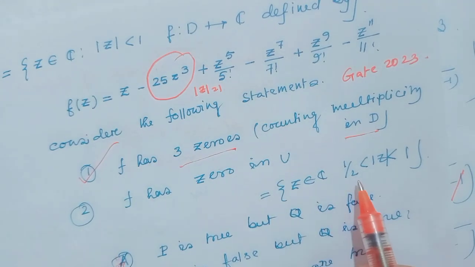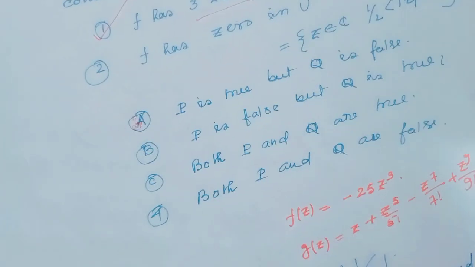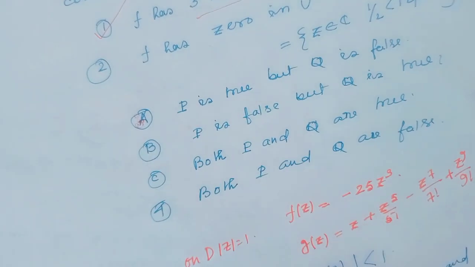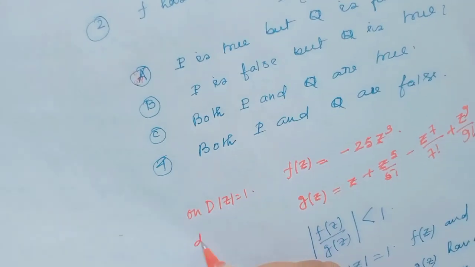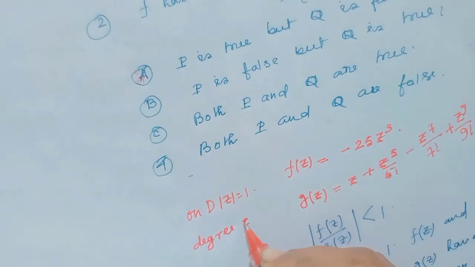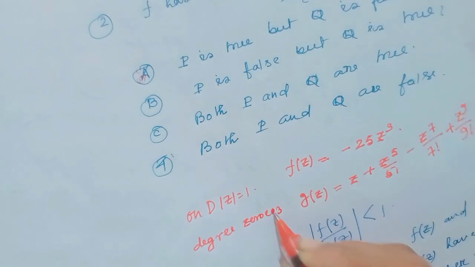Here, half less than mod z less than 1. When on the boundary of D, that means mod z equal to 1, the number of zeros is 3, as we got a few minutes ago.